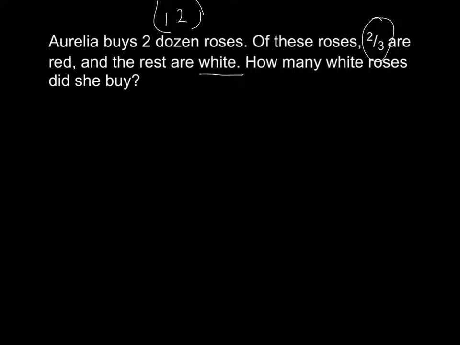Then you're going to figure out how many are in each part. We're using thirds here. And our question is not about 2/3, but the part that is not 2/3. So do your best.